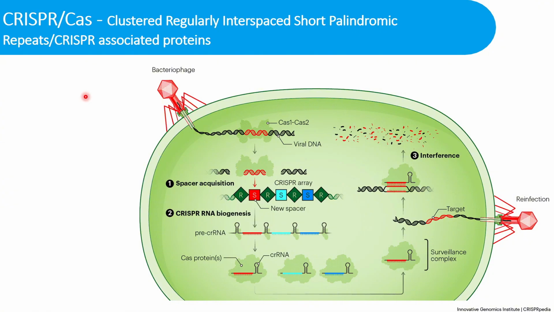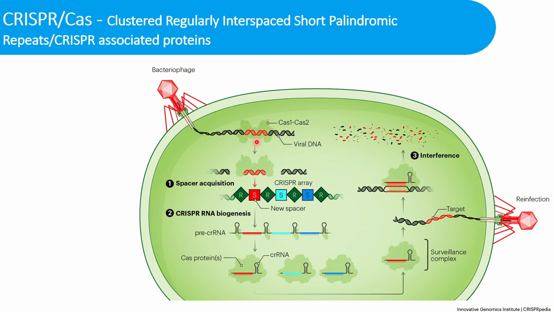So in this diagram, you can see a bacteriophage on the surface of the bacterium. Bacteriophage is actually the viruses that can infect the bacteria. So here this bacteriophage is injecting its DNA material into the bacterium, and after that the proteins, the Cas1 and the Cas2, are coming in and cutting the viral DNA.